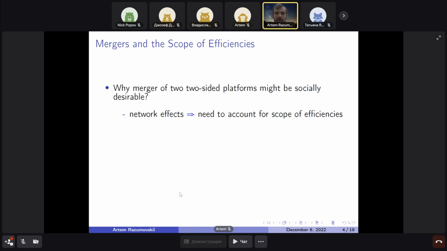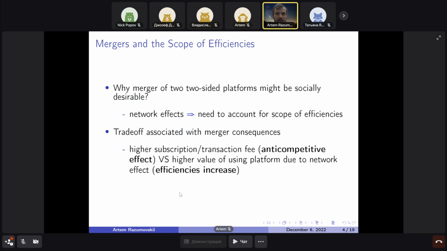Yes, so firstly we have network effects, so they need to take this into account, and then the associated trade-off is that there can be higher subscription fees, but we will also get higher network effects on the platform.